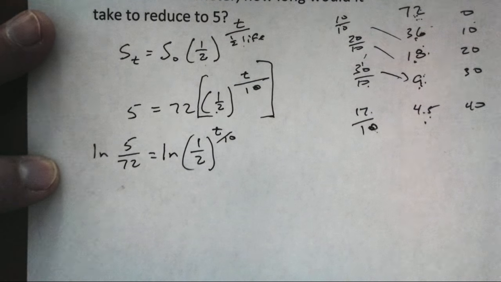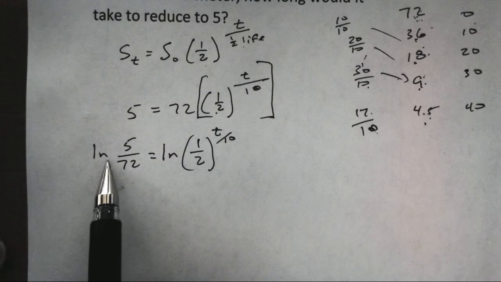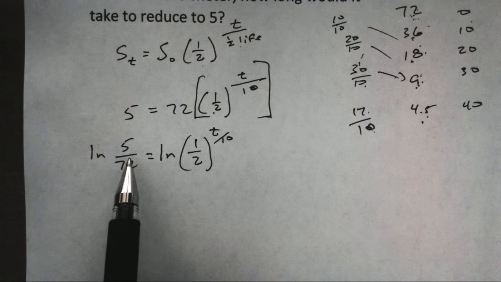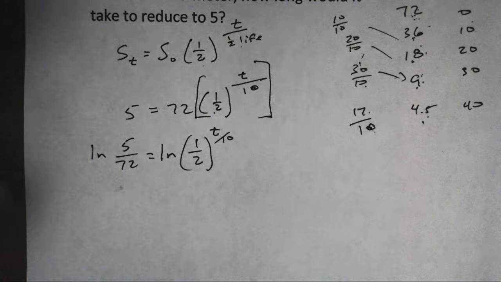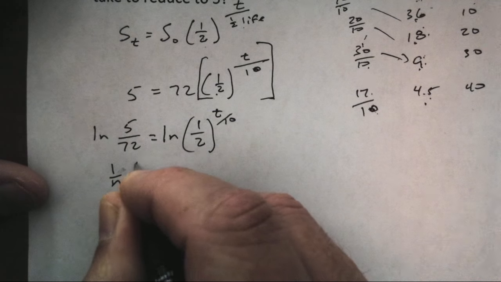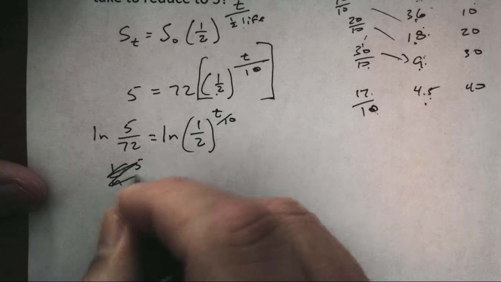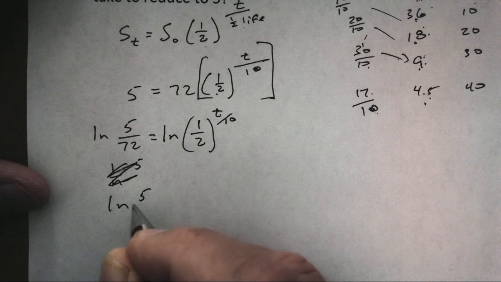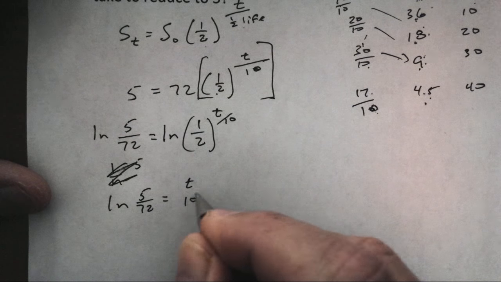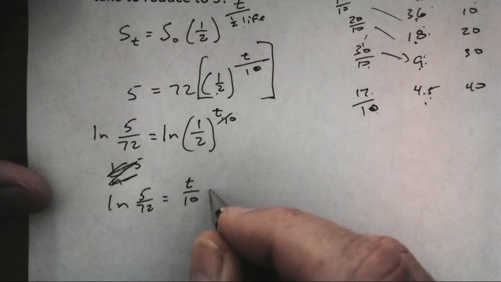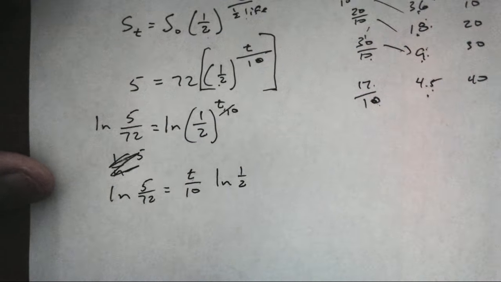You could take logarithm. In theory, you could take log base 5 on 72, which would sort of make some sense here, but I'm just going to do it this way. So that gives me ln 5 on 72 equals t on 10, pull the exponent out in front, ln 1/2.